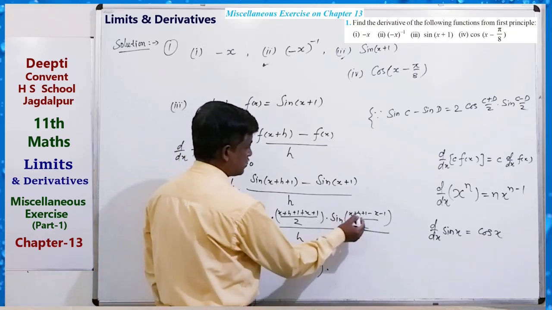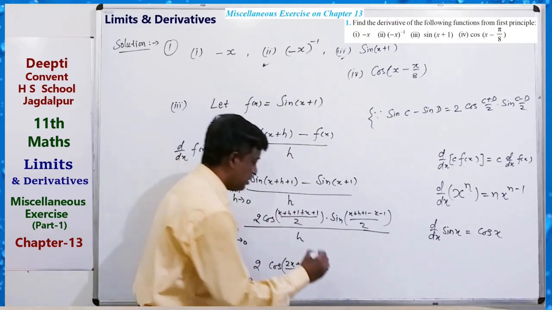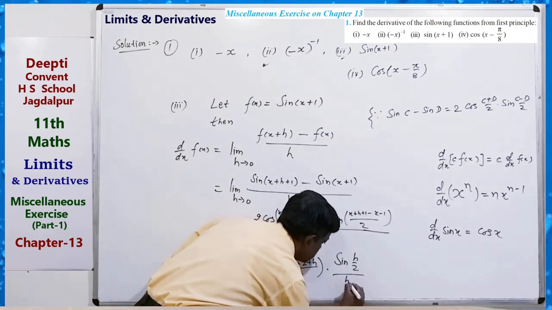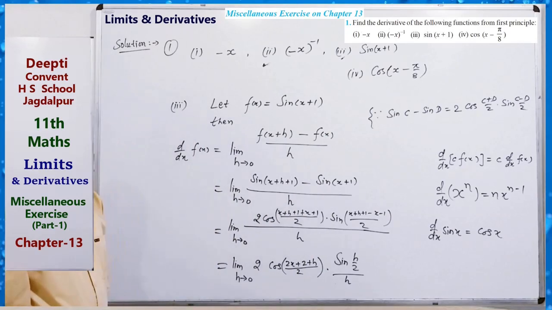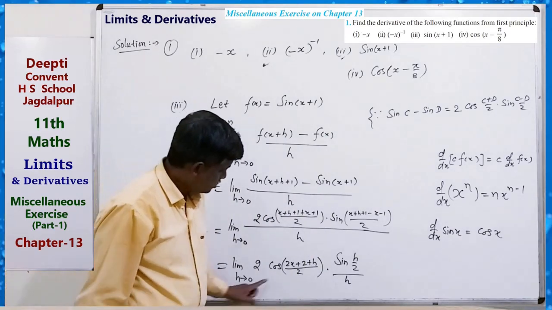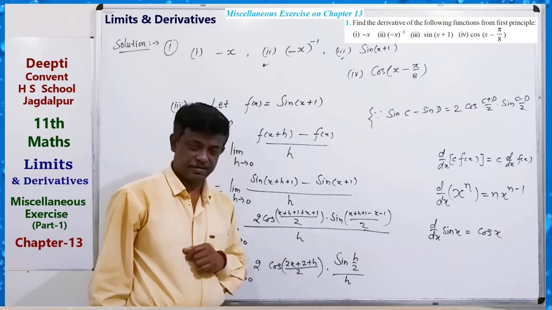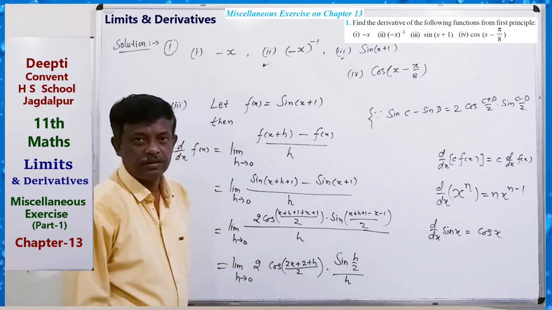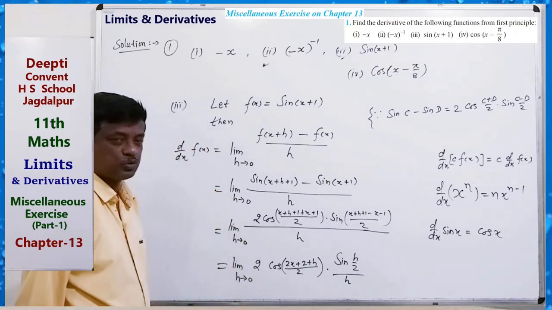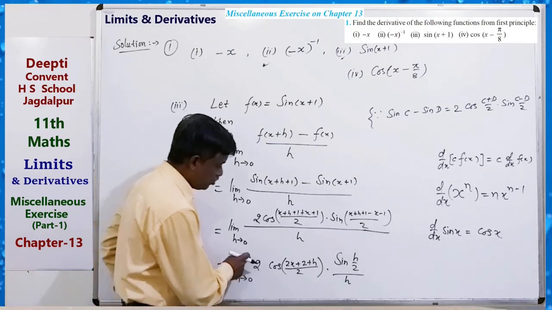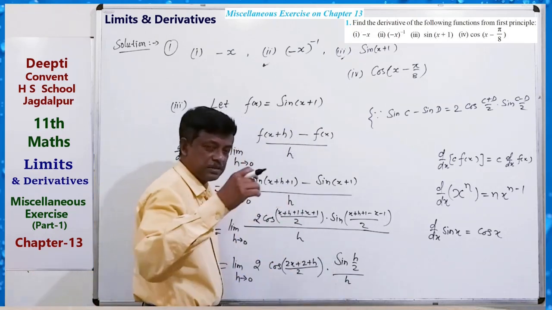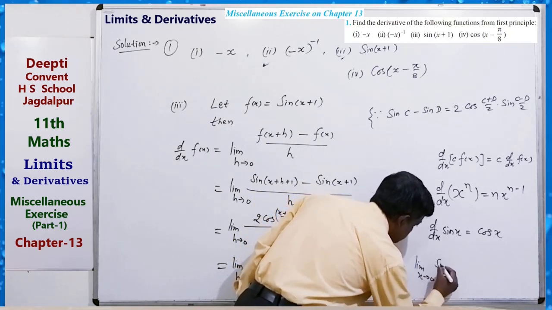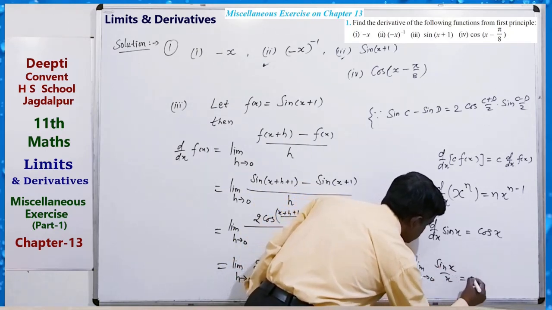Here x and 1 cancel, and we get sin(h/2) upon h. Now h equal to 0 we can put in the cosine part, and as h tends to 0, this combination can be made equal to 1 by adjusting the 2. We know the limit as x tends to 0 of sin x by x is equal to 1.